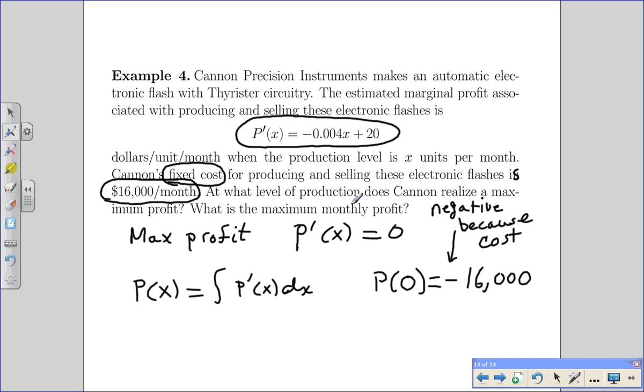So at what level of production does Canon realize a maximum profit? That's when the derivative is 0. Then you integrate the derivative of the profit function, your marginal profit, to find P. So let's do that.